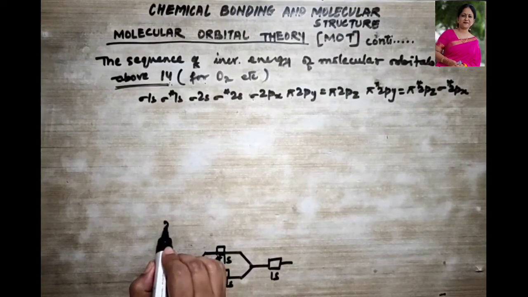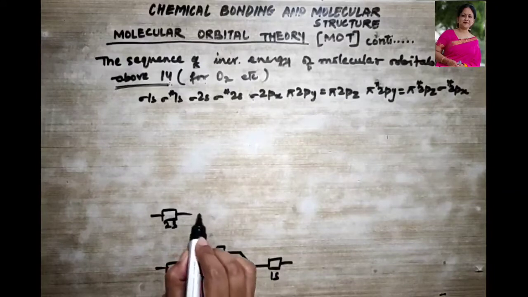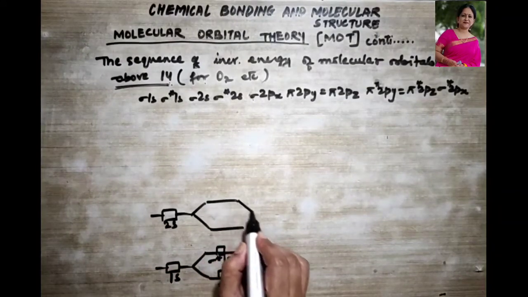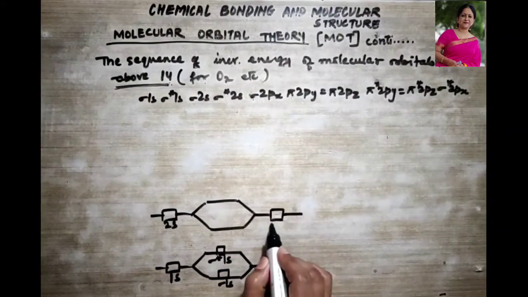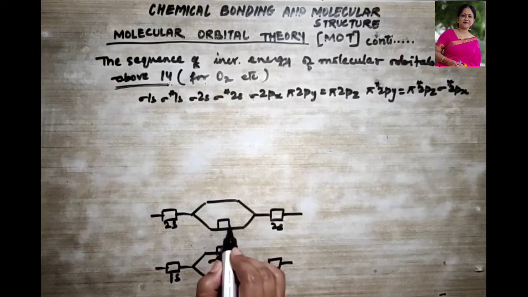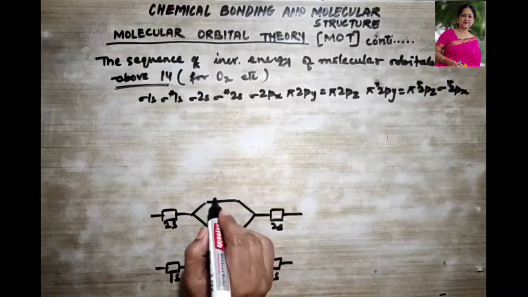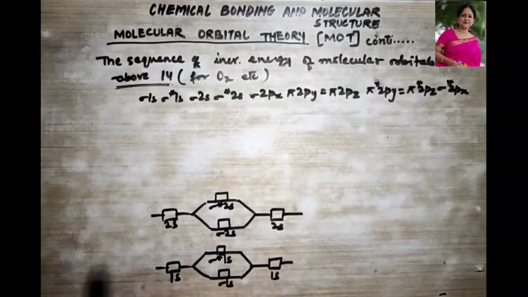Then let's draw for 2s. This is 2s, 2s also. This is bonding 2s, sigma bonding, and this is sigma star 2s, anti-bonding.